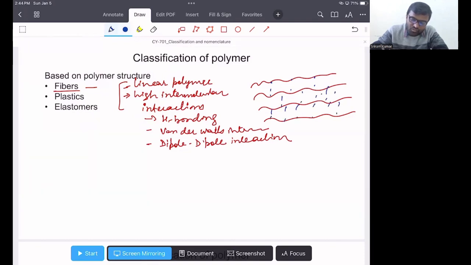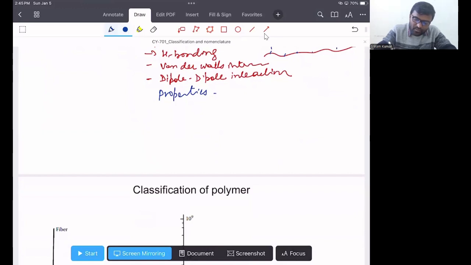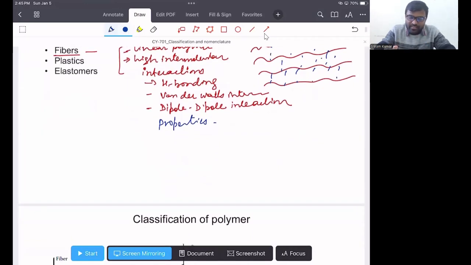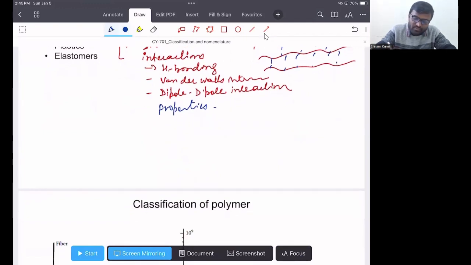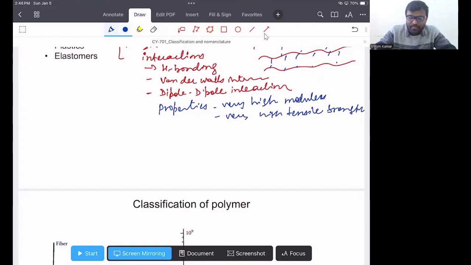Because of these strong interactions among the chains, this kind of fiber polymer has properties like, because of the linear structure and the strong interactions, a very high modulus, very high tensile strength, right?